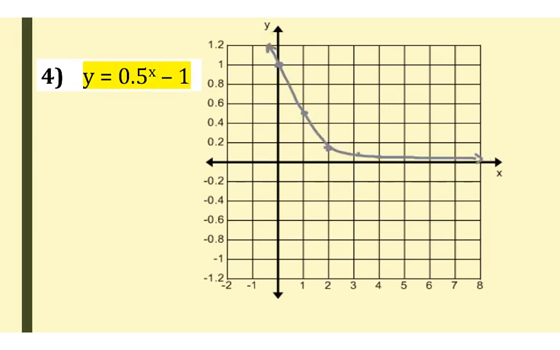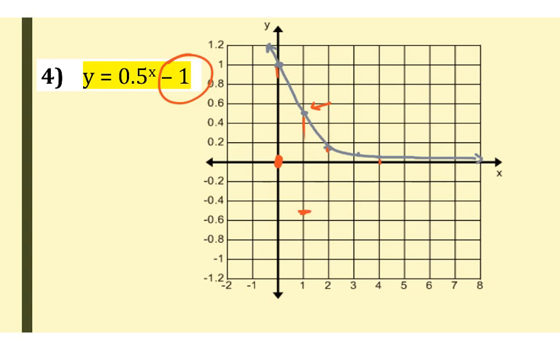Okay, so then if we put the -1 on there, what's going to happen is everything is going to drop down 1 unit. So all these parts, they're going to drop down 1 unit. And so let me go and erase this part of it. So what I would do then is I would say, well, I'm going to start there, and instead of being at 0.5 right there, I'm going to be at negative 0.5.